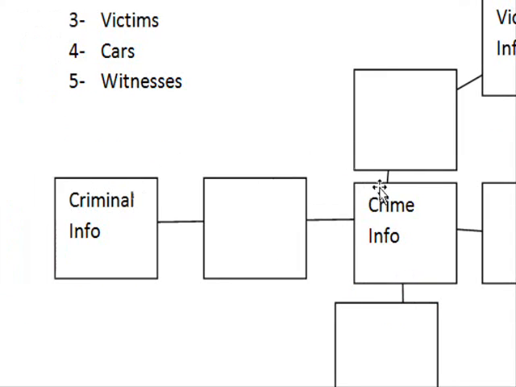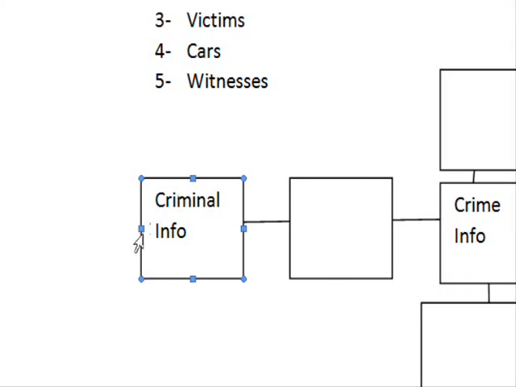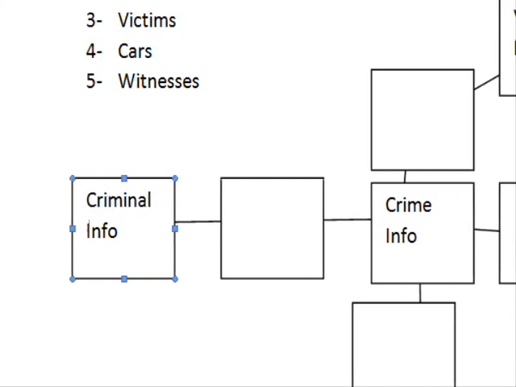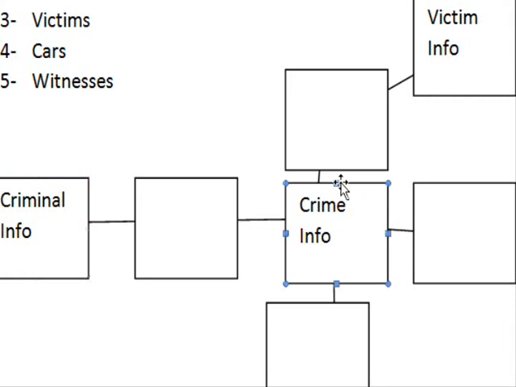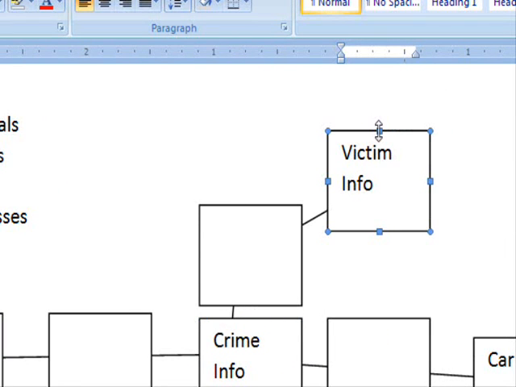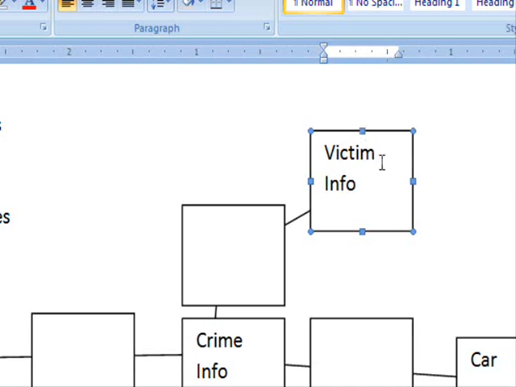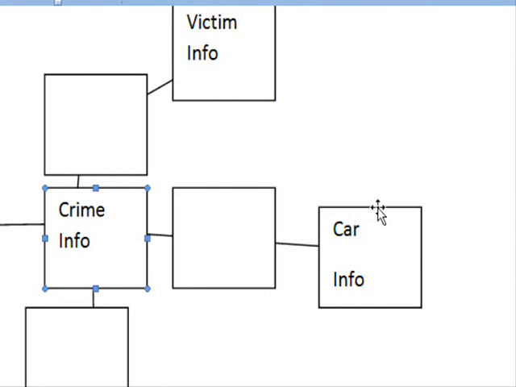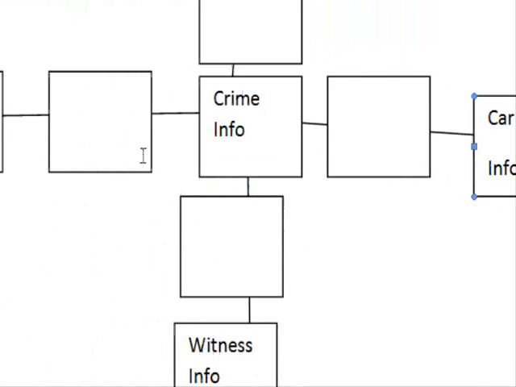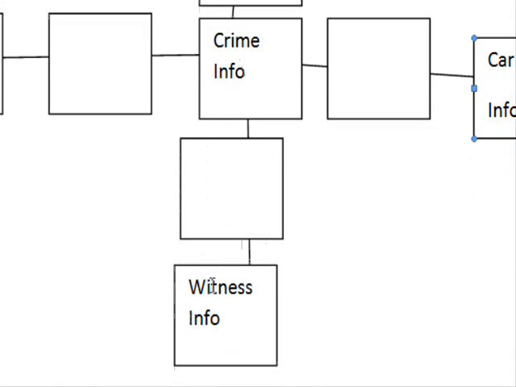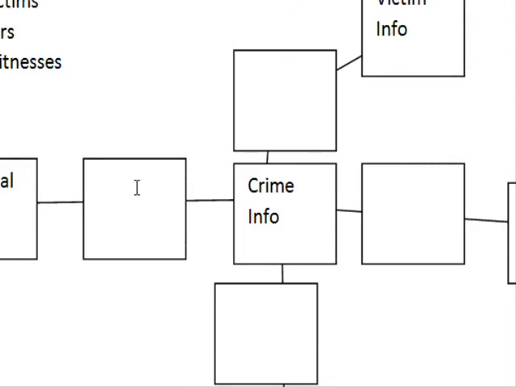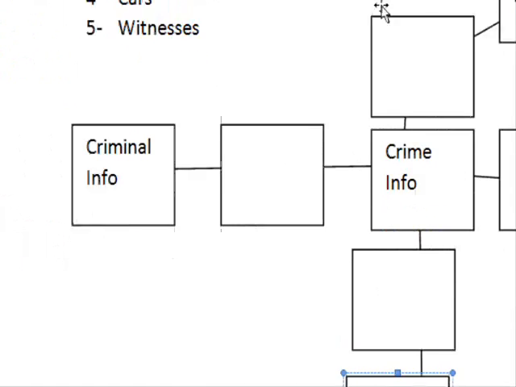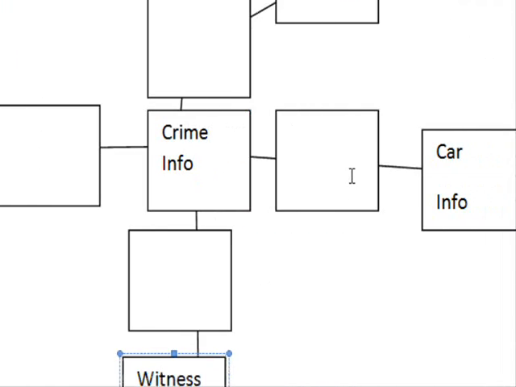So what happens now is each crime has a many-to-many relationship with the criminal information, and each crime has a many-to-many relationship with the victim information, and each crime has a many-to-many relationship with the car information, and each crime has a many-to-many relationship with the witness information, and so on.